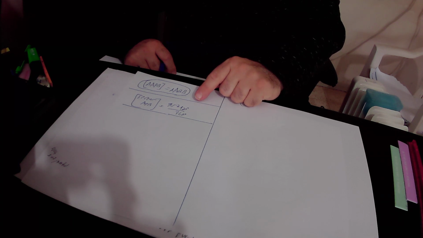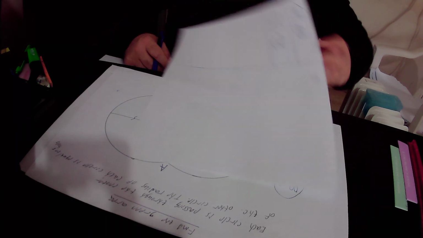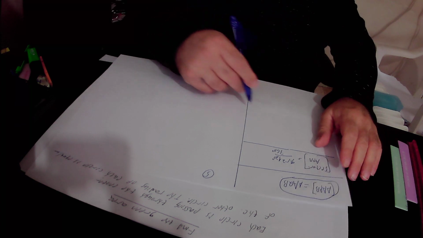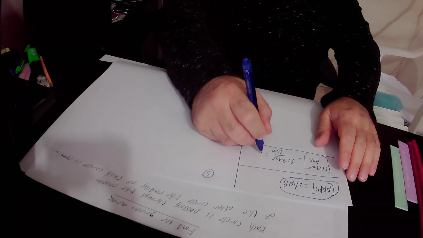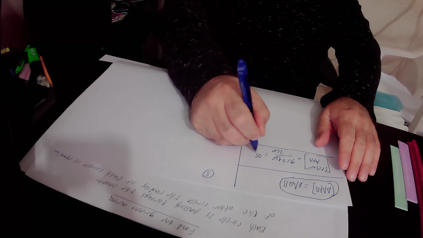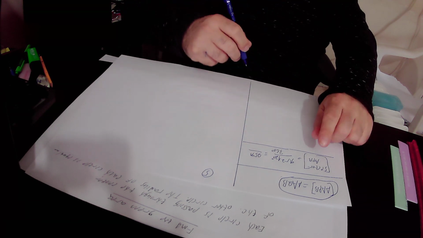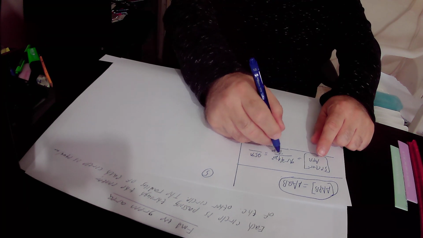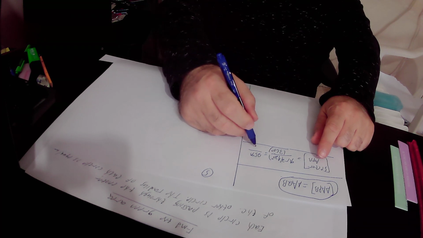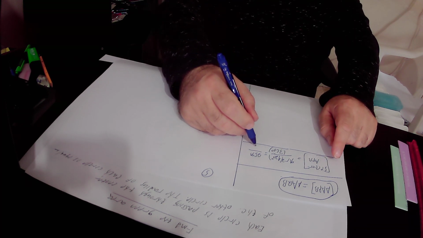R equals 5 units, so R square is 5 square, 5 square is 25. So here in the numerator we have 25 pi, and 120 degrees over 360 degrees is 1 over 3, so in the denominator we have 3.